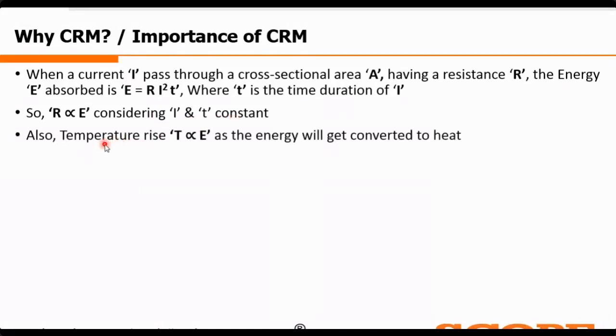Also, the temperature rise. Before, when the R value was very low, there was no rise of temperature. Now, because of the heating effect, the temperature will rise, and the temperature rise is also proportional to the heating, that is the energy. As T is proportional to E, the energy ultimately gets converted to heat.